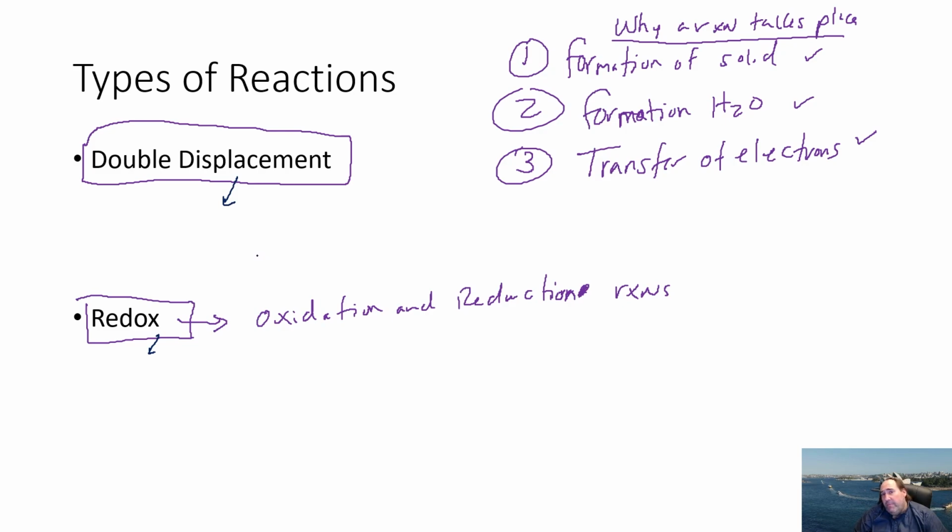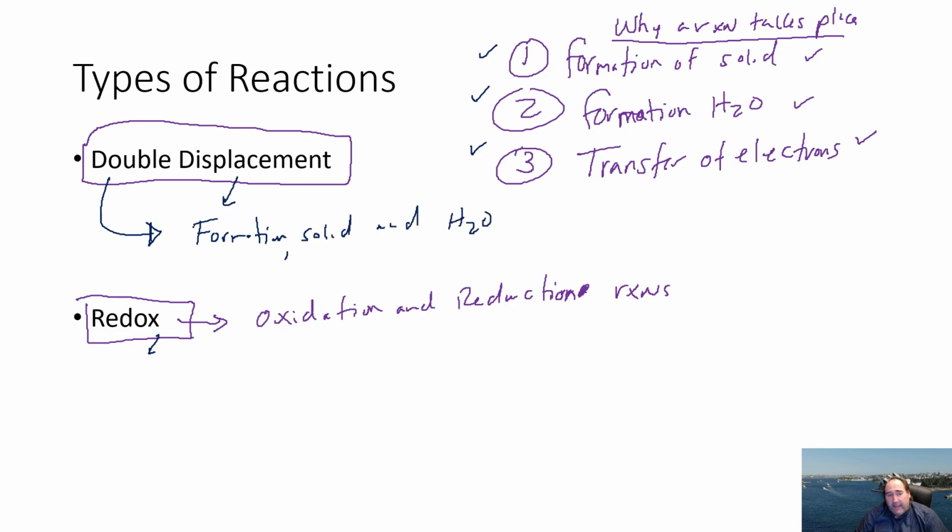So, how do these two big classifications match up with these three reasons why a reaction takes place? Well, our double displacement reactions, as we will talk about, pretty much take care of the first two reasons why a reaction takes place. It takes care of the formation of a solid and also water.